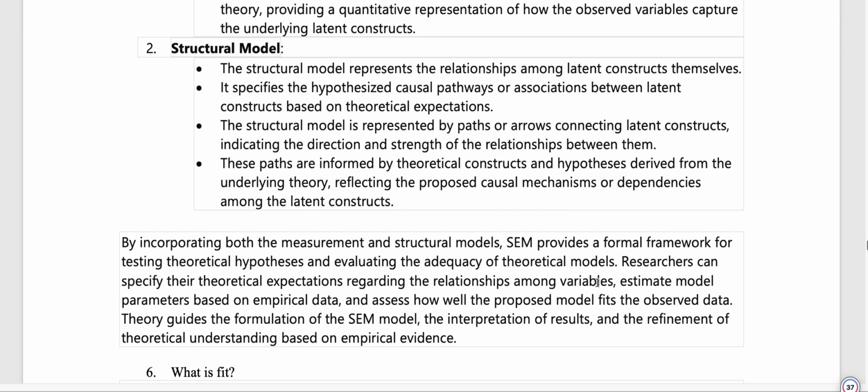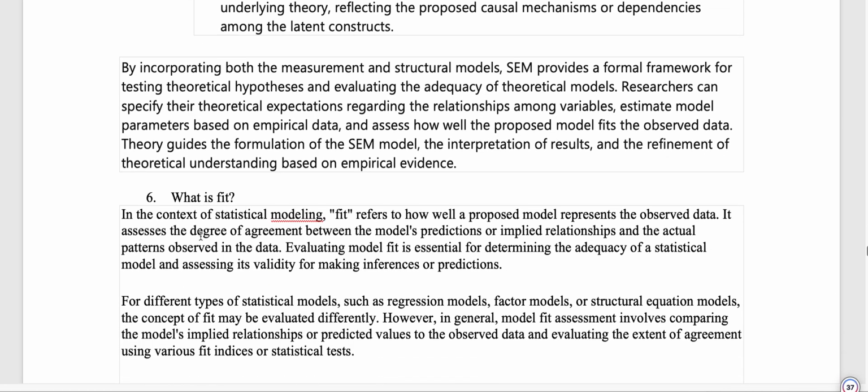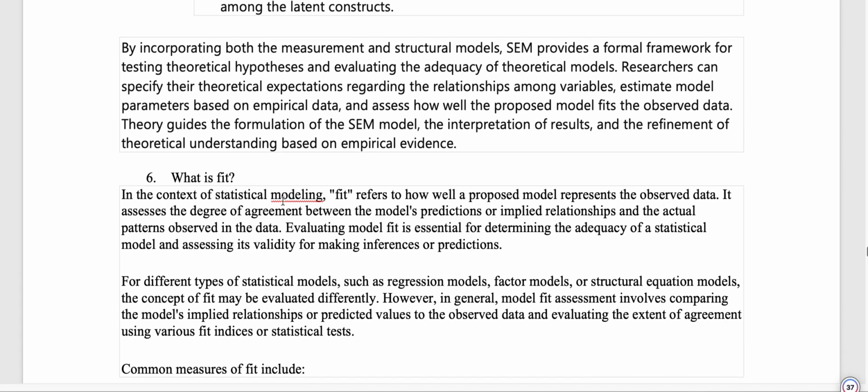Theory guides the formulation of the structural equation model, the interpretation of results, and the refinement of theoretical understanding based on empirical evidence. Let's now discuss question 6: what is fit in the context of statistical modeling?